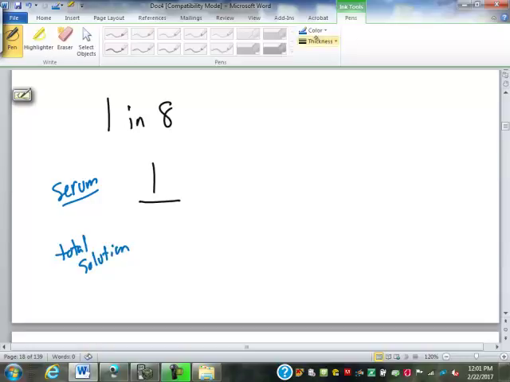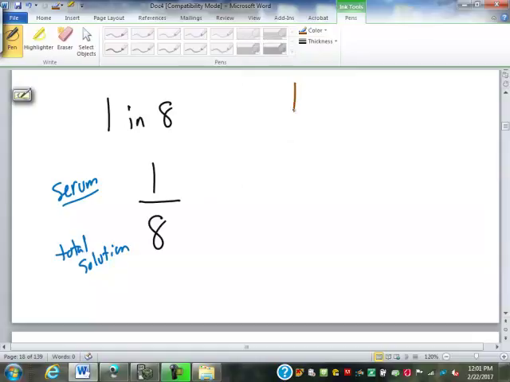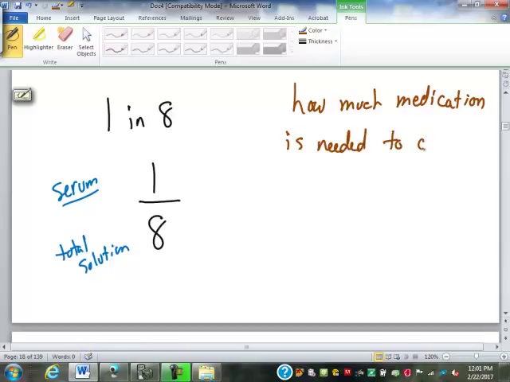And the 8 refers to the parts of total solution. We might ask, how much medication is needed to create 120 milliliters of solution?